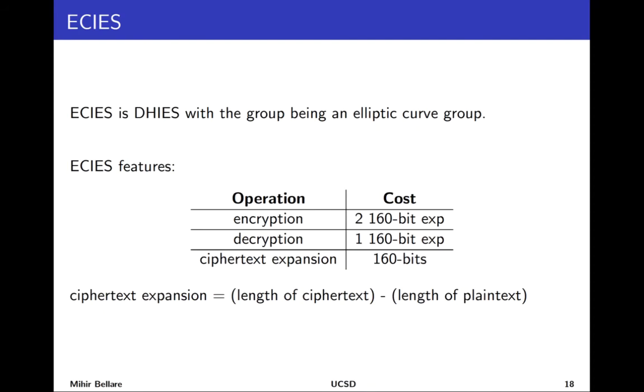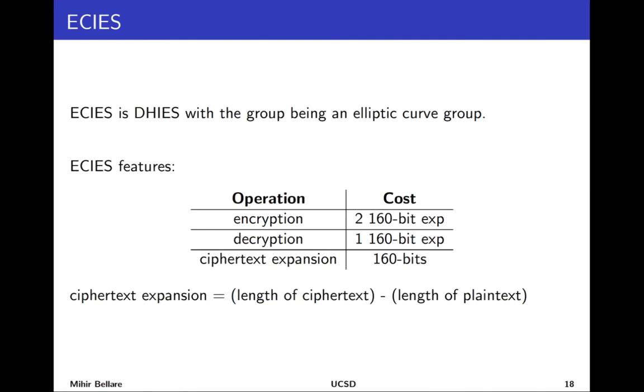So in practice, as we've seen before, the preferred group in which to work when you're doing Diffie-Hellman or discrete log-based crypto is elliptic curve groups. Now, we haven't said what they are mathematically, but it doesn't matter because they're just groups and we know what the group abstraction means. And we saw that the prior scheme could be defined in an arbitrary group. And so the elliptic curve integrated encryption scheme is something like what we saw, instantiated in elliptic curves.